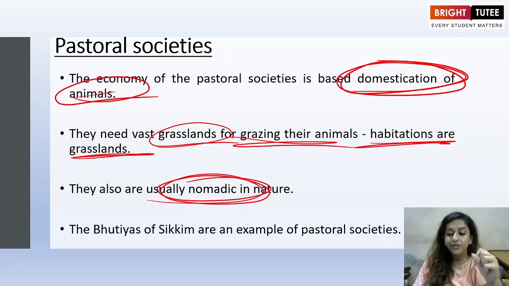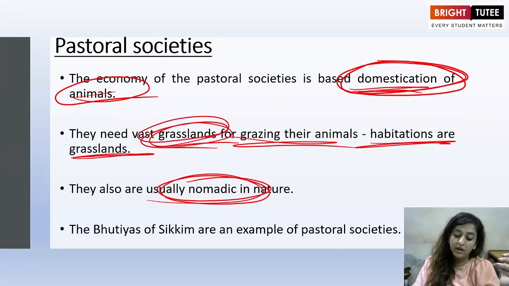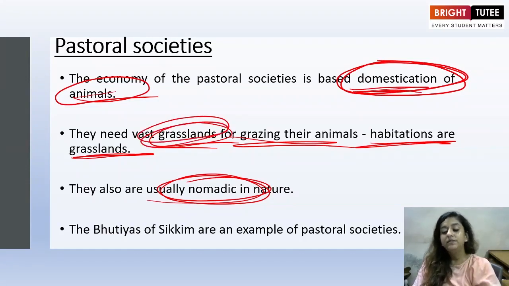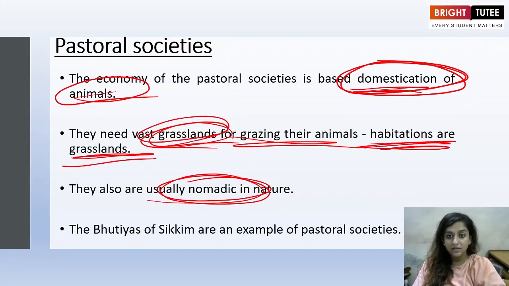These pastoral societies have the major task of domestication of animals. Obviously, for grazing their animals they need the grasslands, and because of this they have their habitations in the grasslands. They are usually nomadic in nature. Why?